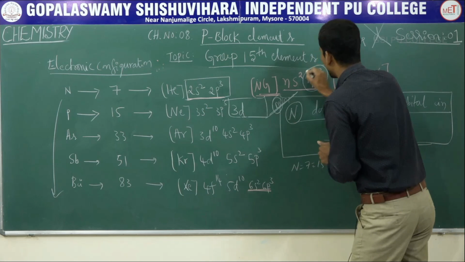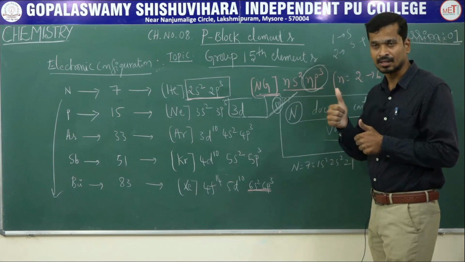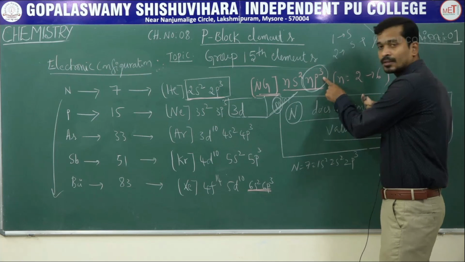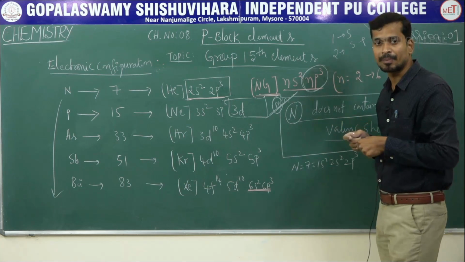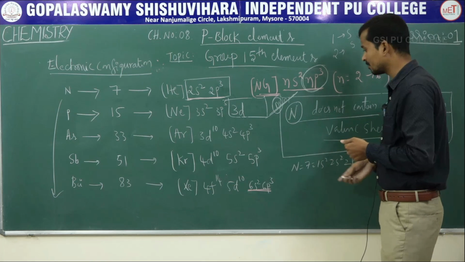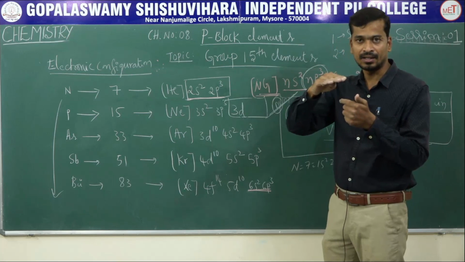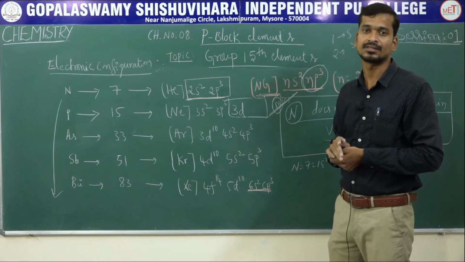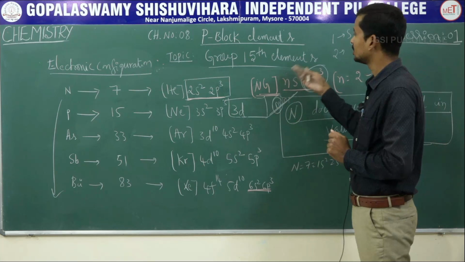Fully filled means the maximum capacity of the p orbital is 6 electrons, half is 3. For the d orbital half means 5, the maximum capacity being 10. For the f orbital the maximum capacity is 14, half is 7. If you know the half filled and completely filled orbital concepts, it is very easy to understand this.